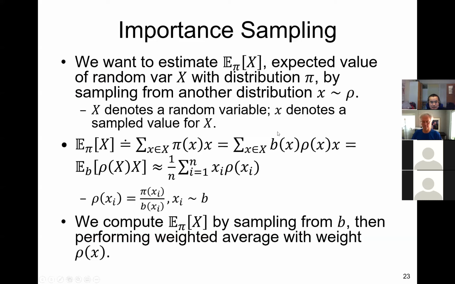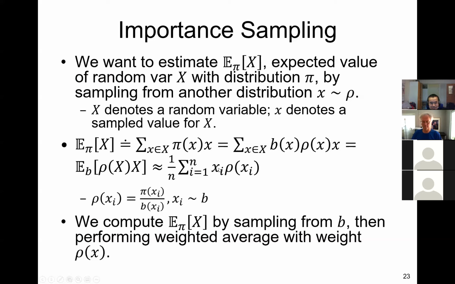Then you can switch: define rho as pi(xi) over b(xi) for each xi, and then the sum is equal to the sum of b times rho times x. You can convert it into an expectation over the distribution b of rho times x, which can be evaluated by drawing samples from the distribution b, the behavior policy.